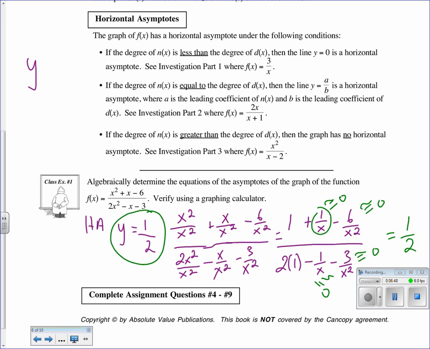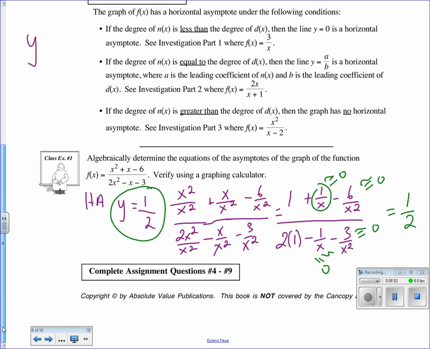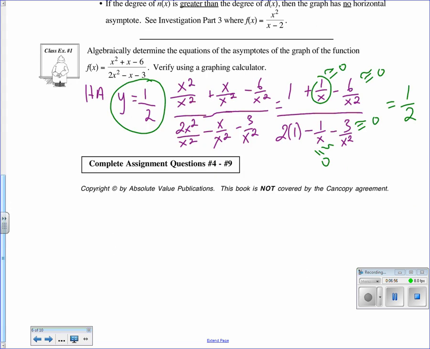Now we also have to look for vertical asymptotes. Vertical asymptotes come from the denominator generating a 0. So I've got to look at the denominator, 2x squared minus x minus 3. Two numbers that multiply to negative 6 but add to negative 1. That is negative 3 plus 2, and negative 3 times 2.